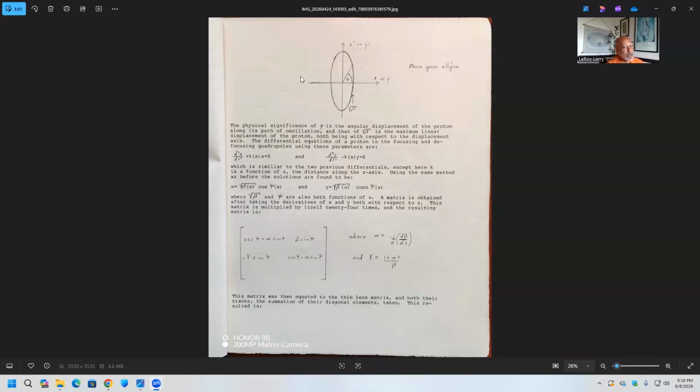But I think that's pretty much enough for now, right? And again, this is on our way to getting a numerical value for that force constant K of the quadrupole magnet that's necessary to magnetically focus the protons as they circulate around the synchrotron.